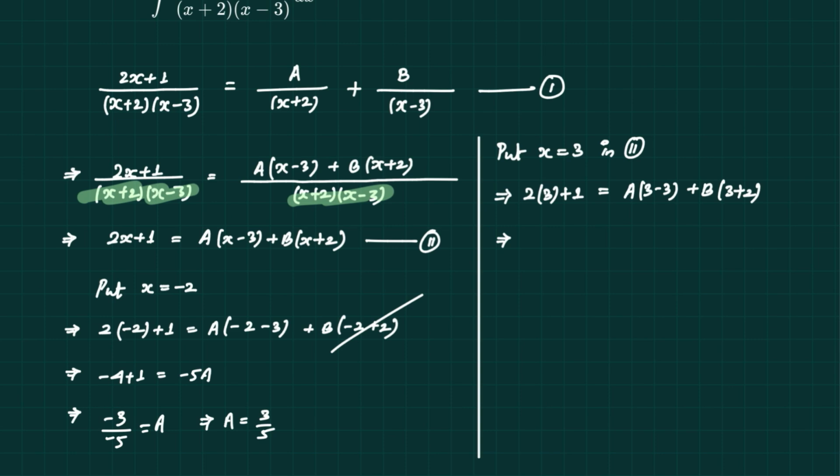So this implies 3 times 2 is 6 plus 1, that is 7, equals, this part is 0 and 3 + 2 is 5B. This implies B equals 7 over 5.